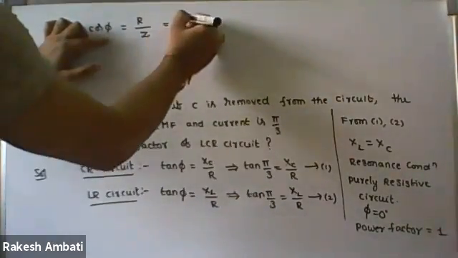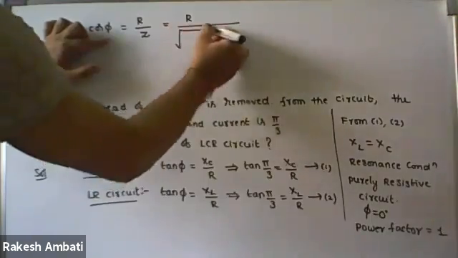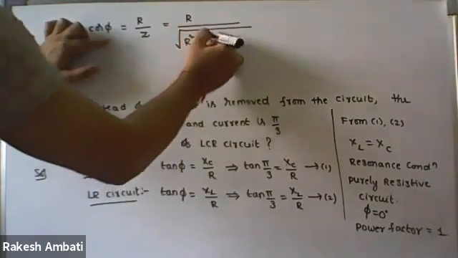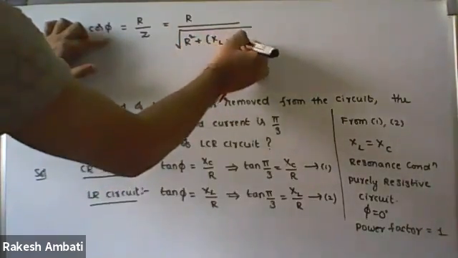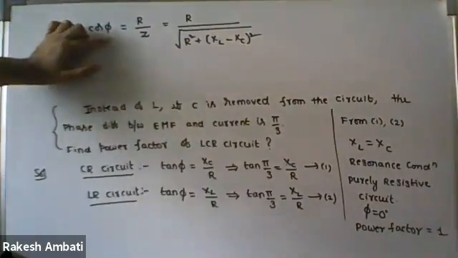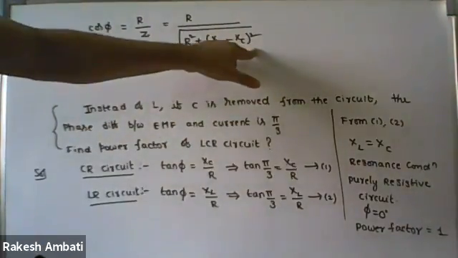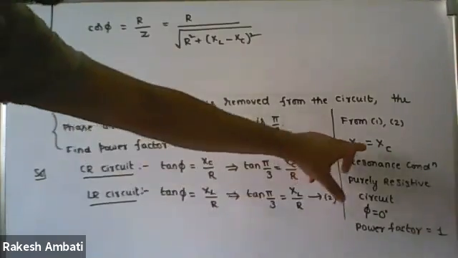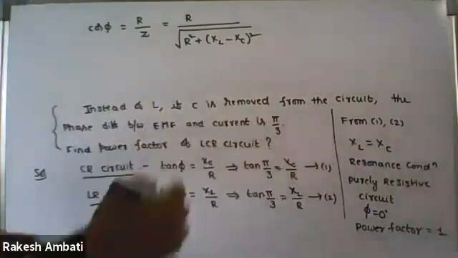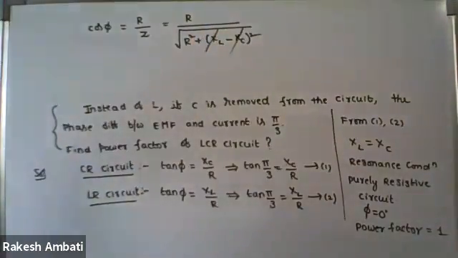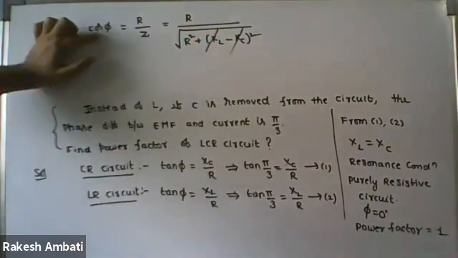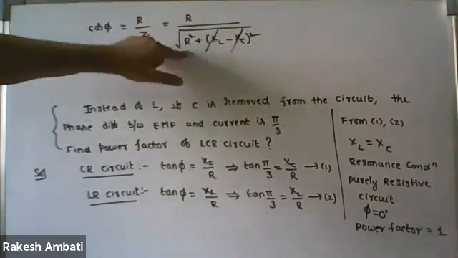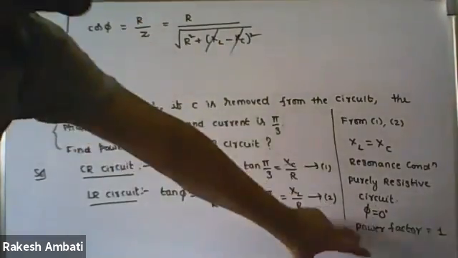In the case of an LCR circuit, the Z value is root over R square plus XL minus XC the whole square. That is the impedance. But in the question, from equations 1 and 2, we got XL and XC are the same. They cancel out. Therefore, power factor cos phi equals R upon R, that is equal to 1.